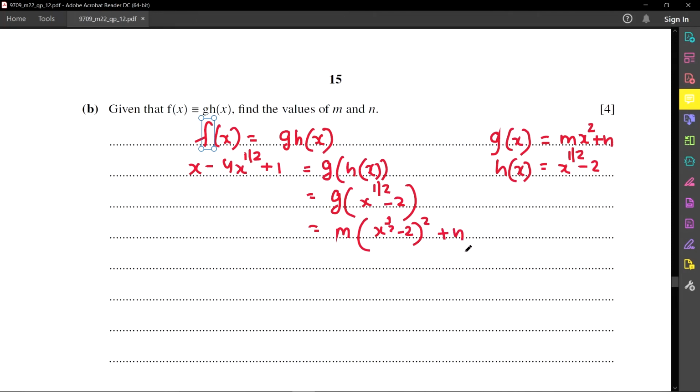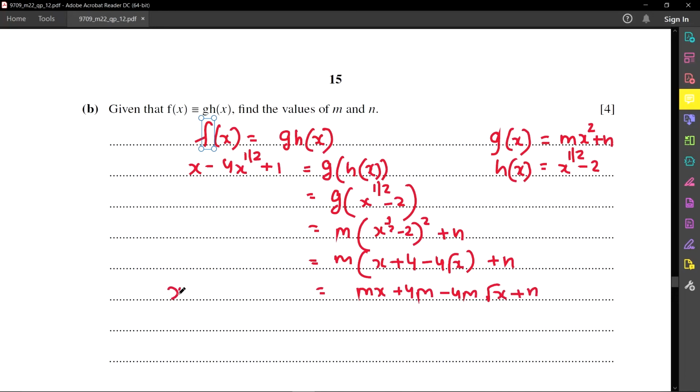So let's expand this. m into x power half whole square will be x, 2 square is 4, minus 4 root x, plus n. So that will be equal to mx plus 4m minus 4m root x plus n.